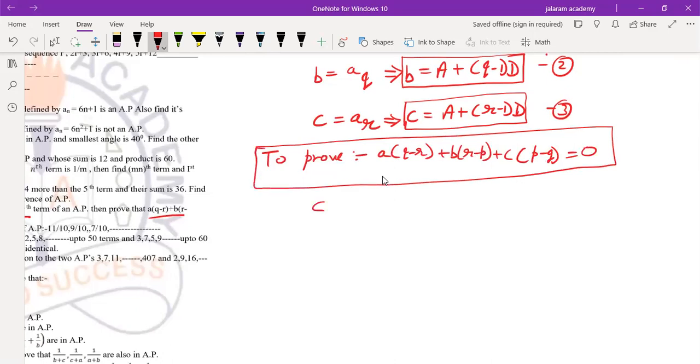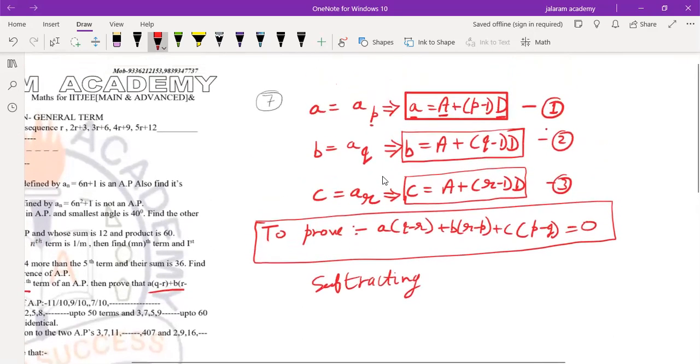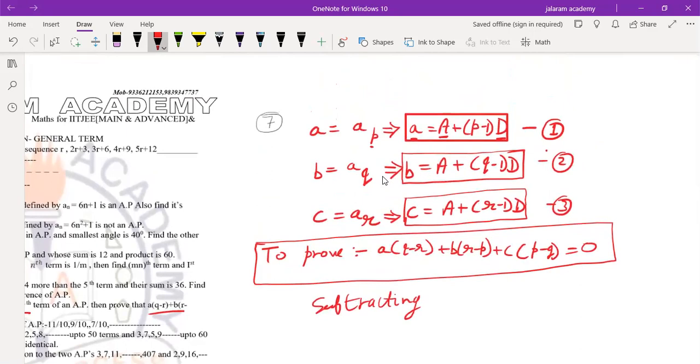Okay. So first we will use the method like we use in simultaneous linear equation, as there are two unknowns A and D. So if we subtract equation 2 from equation 1, A will be cancelled out from both.